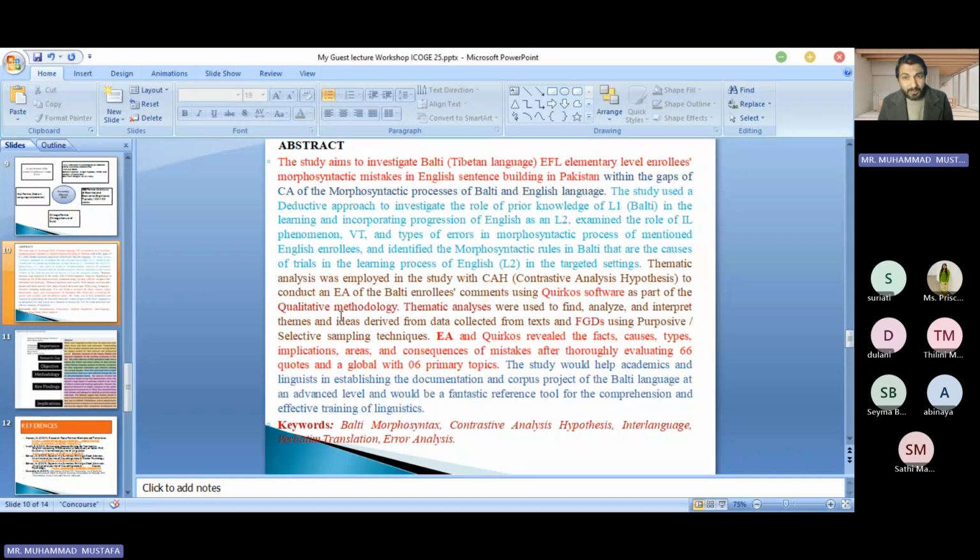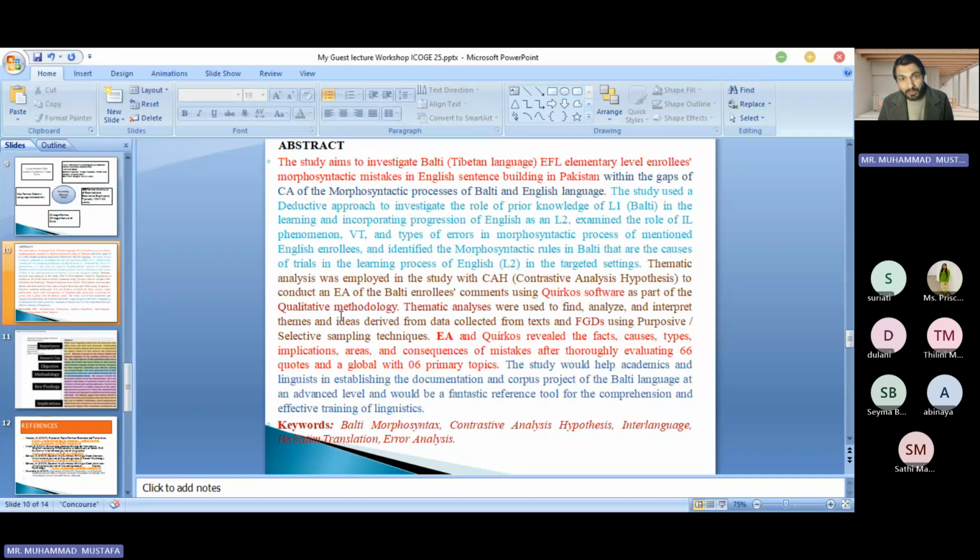So this shows the purpose of the study, the main objective. Now it highlights the gaps: a contrastive analysis of the morphosyntactic processes of Balochi and English. It shows the gaps and purpose both, and also introduces the problem statement and the purpose of the study.